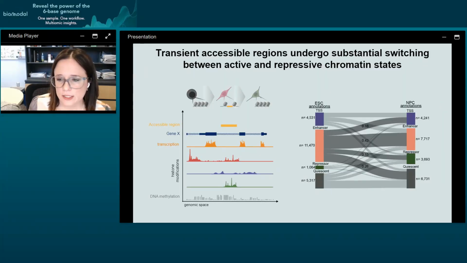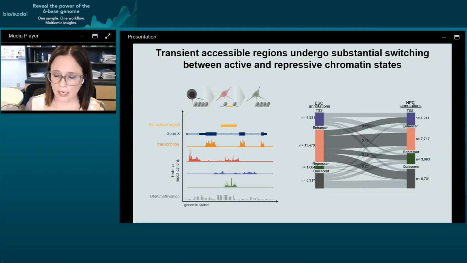Many of these regions that are transitioning from closed to open or open to close, these transient behaviors, are associated with substantial switching between different types of regulatory states. For the regions that begin as enhancers, those end up becoming another type of regulatory element at the later time points.